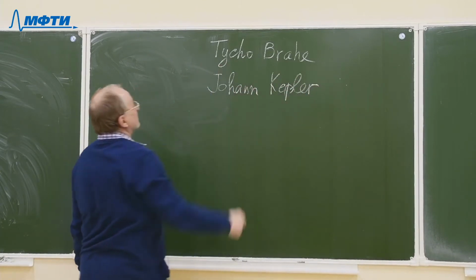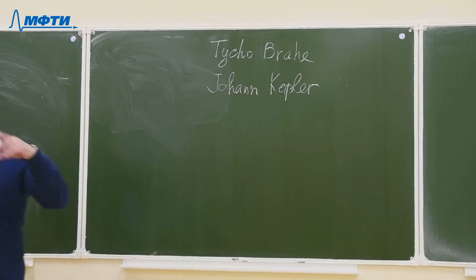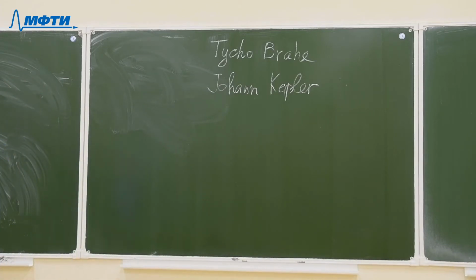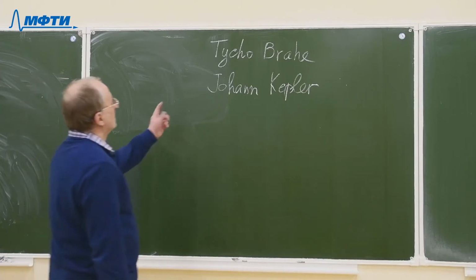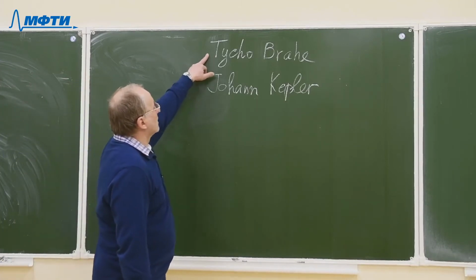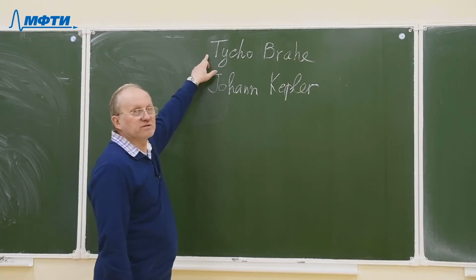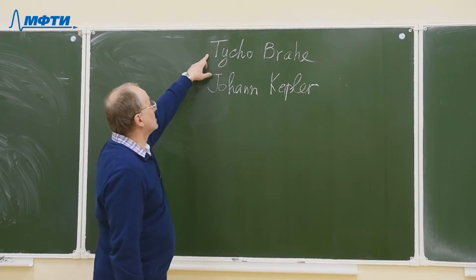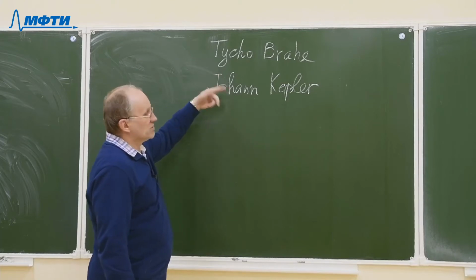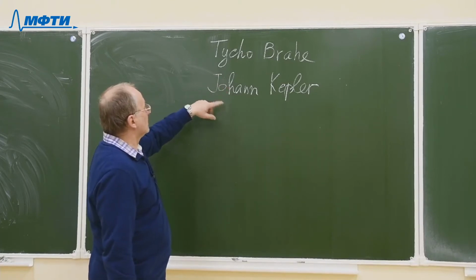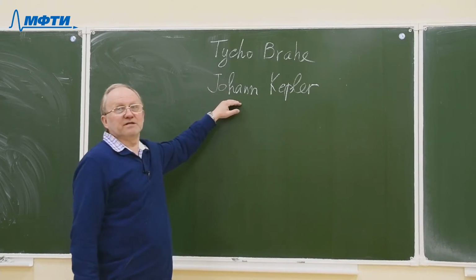was an assistant to Tycho Brahe. He was younger and he was his assistant. He was working with him. And while Tycho Brahe accumulated experimental data, the data of astronomical observations, Johann Kepler helped him in some way, and then he started processing the data.